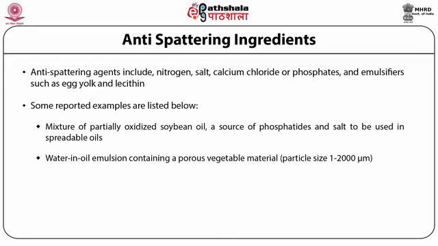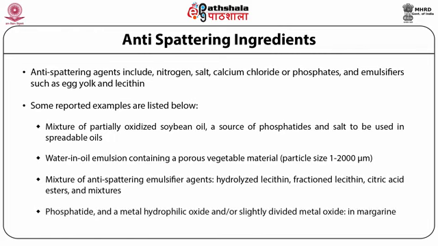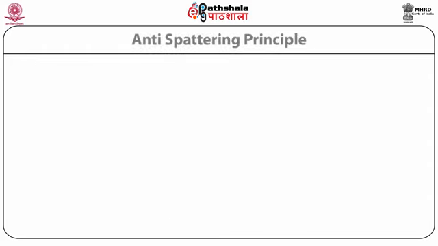One more example of an anti-spattering agent is a mixture of anti-spattering emulsifier agents like hydrolyzed lecithin, fractioned lecithin, citric acid esters and their mixtures. And one more example is a phosphatide and a metal hydrophilic oxide and or slightly divided metal oxide, and it has been used successfully in case of margarine.